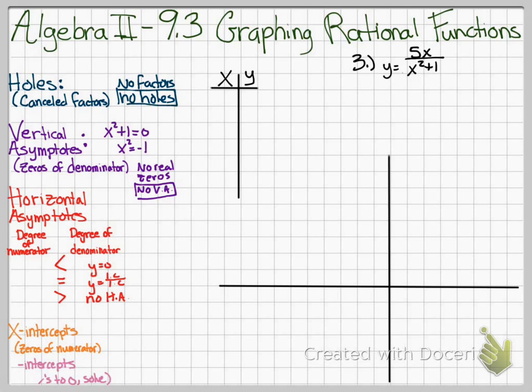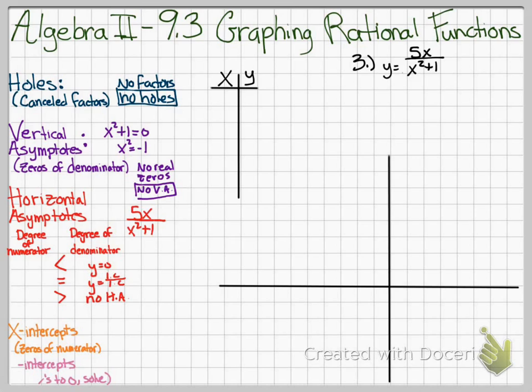It's not giving us a ton to go on because actually having this information gives us sort of a place to start our graph. Well, at least we can still look for our horizontal asymptote. So horizontal deals with the degree of the numerator versus the degree of the denominator. So we've got x on the top and x squared plus 1 on the bottom.